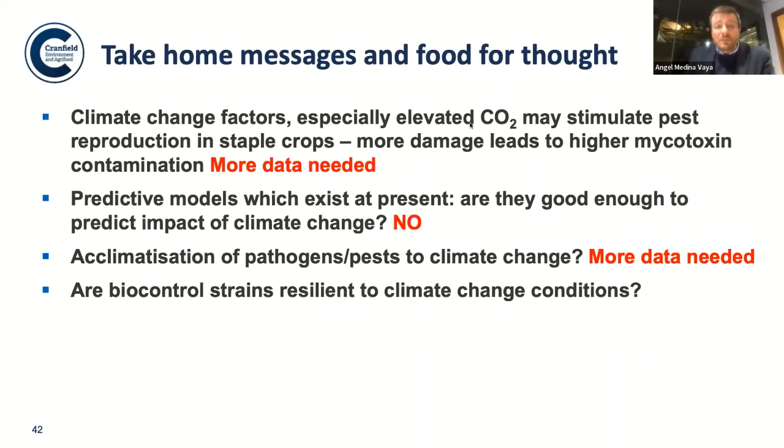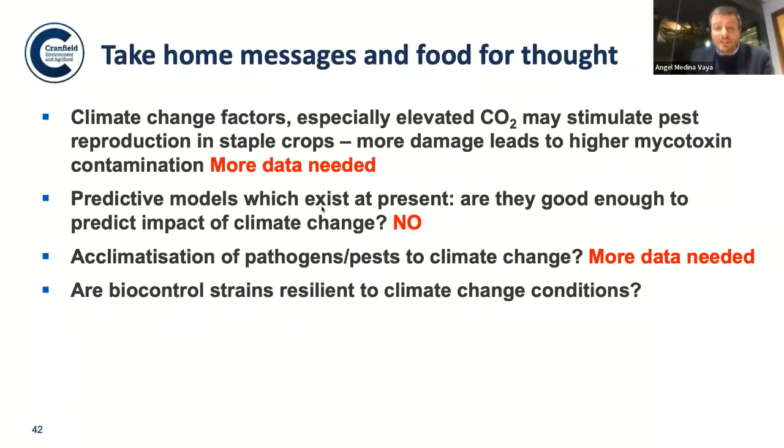Climate change, and especially elevated CO2, might stimulate pest reproduction, which will lead to higher damage. And when you have higher damage, you have higher potential of fungi contaminating your crop. But more data is needed.